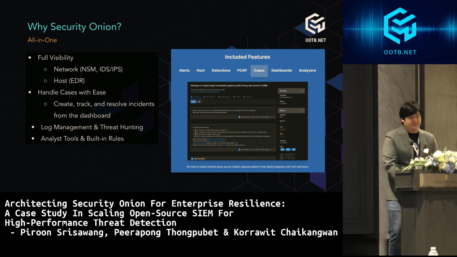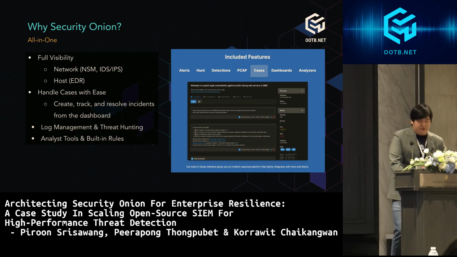Having both perspectives together in a single platform means we don't need to integrate multiple separate tools. It gives our security operations team a complete picture right out of the box and allows them to work faster and more efficiently.